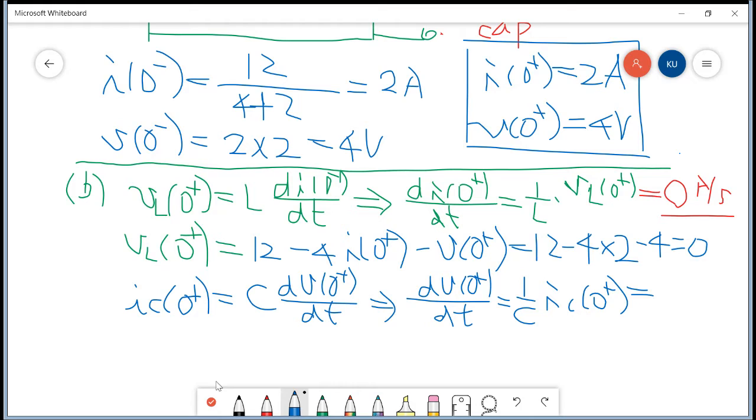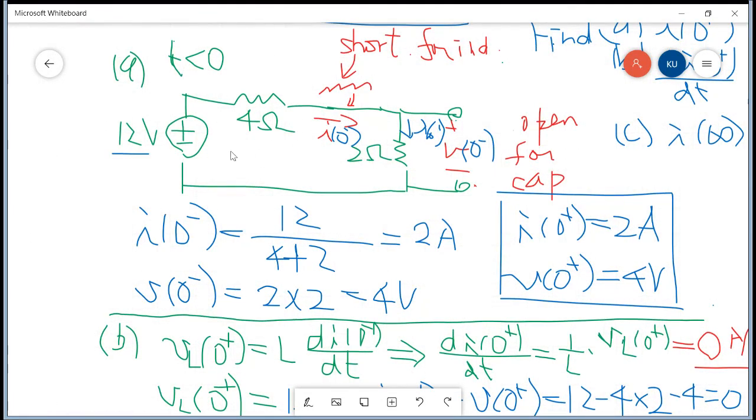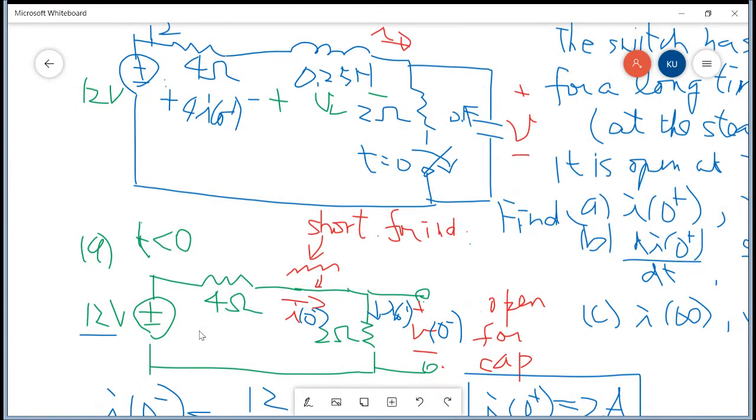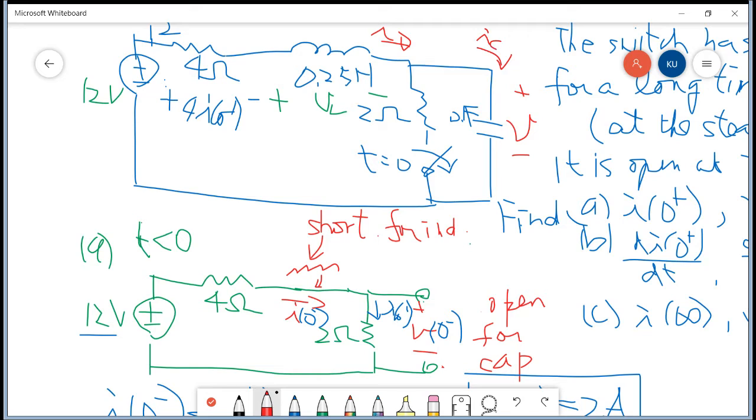So the next step, we would like to find what IC(0+) is. Actually, IC(0+) is this one. So I equals IC plus the current in this branch.